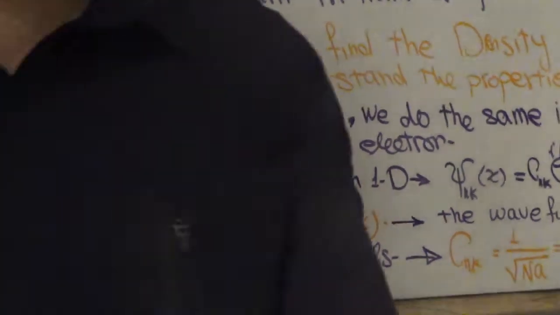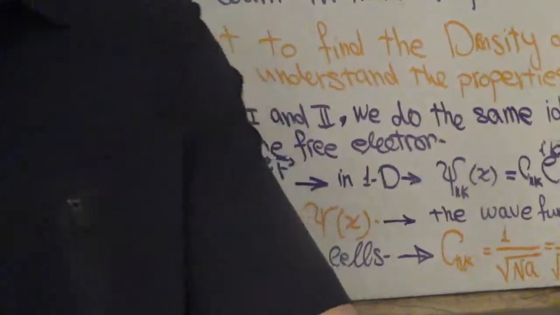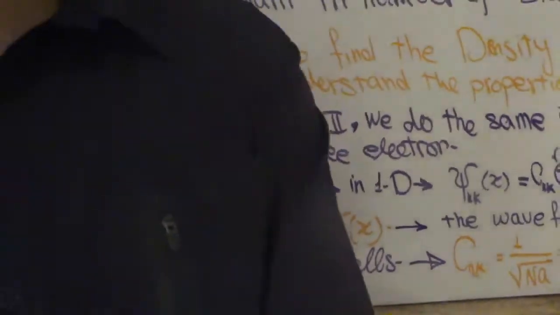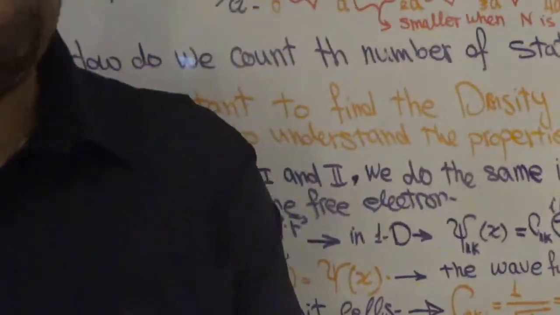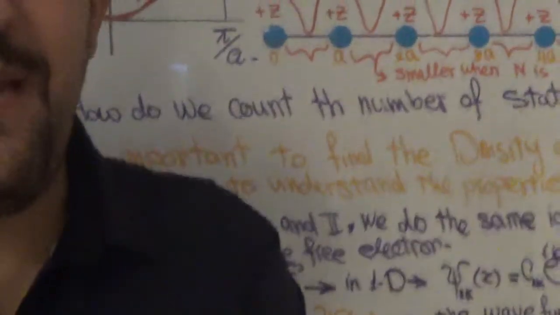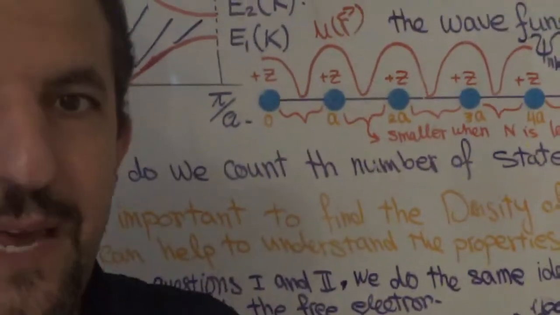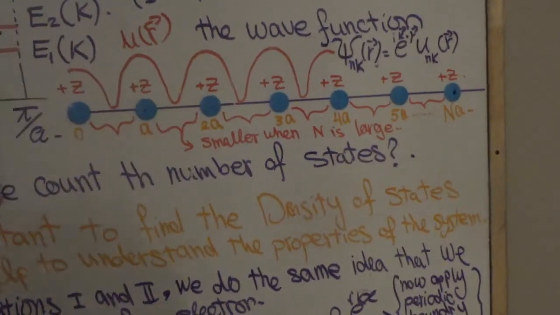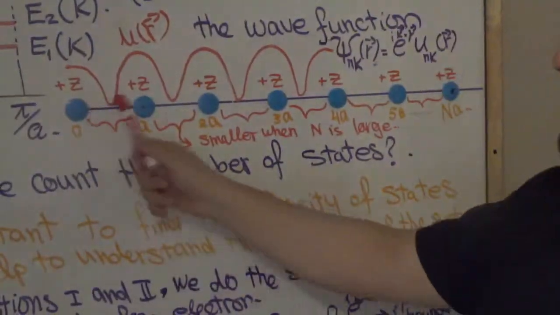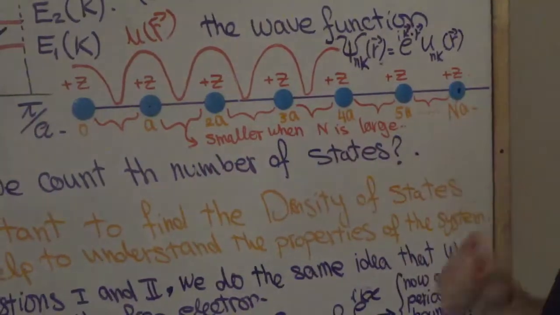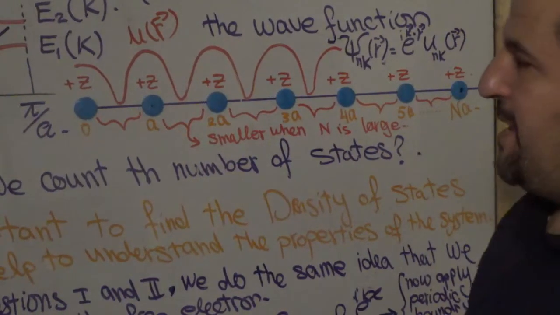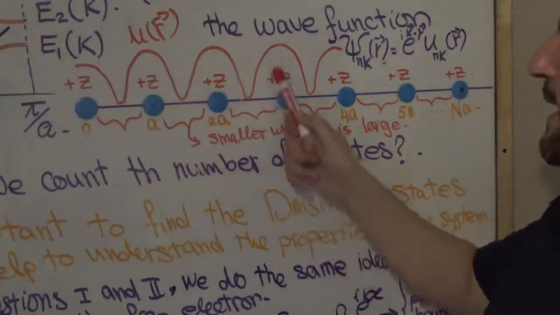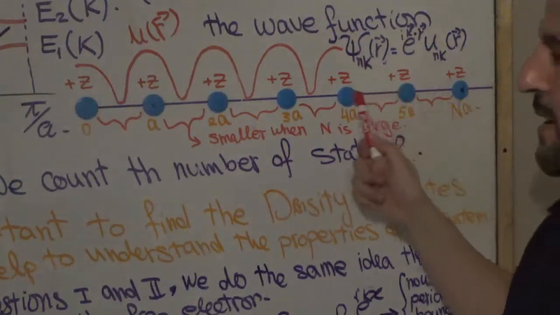These unit cells can be in one dimension, so that's possible. If I go up again, guys, and move this a little bit to the left, this is one dimension. So we have n atoms, as you can see right here, and the wave function repeats itself over the unit cell.